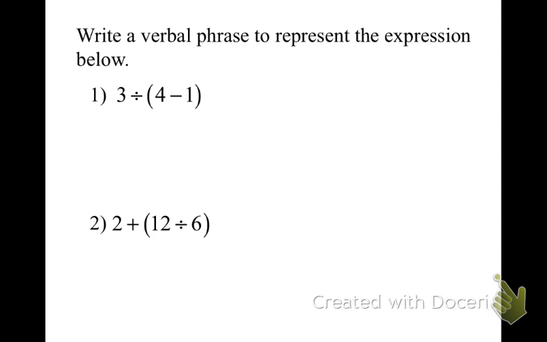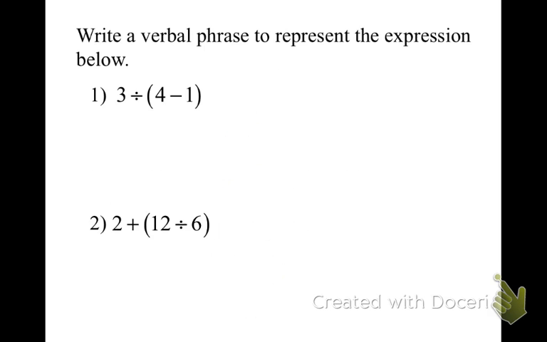Try 2 more. Only this time, actually, let's do this one together. Write a verbal phrase to represent the expression. This time you're writing a verbal phrase. We've got 3 divided by the difference of 4 minus 1.